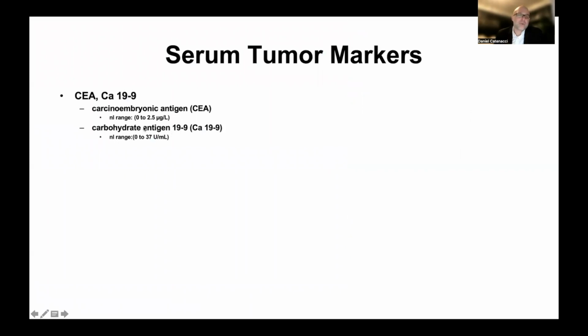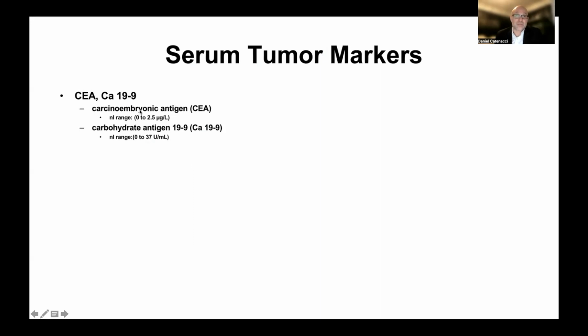And every lab will have normal ranges. These are examples of that. They may slightly differ from one lab to the other, but overall, this would be similar in terms of what would be the upper level of normal. Normally these antigens would not be expressed in normal cells, but cancer cells that become abnormal become what's called dedifferentiated, and they start to excrete things that they normally would not.